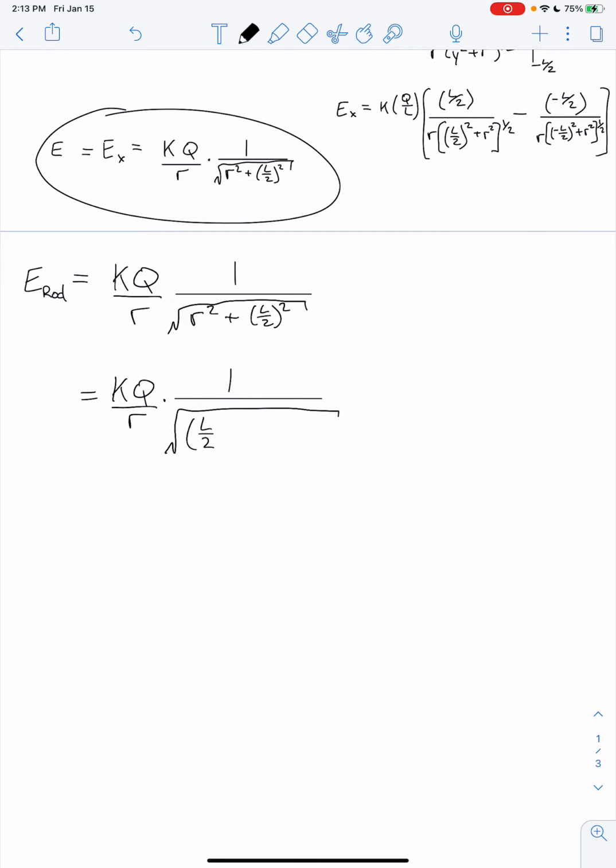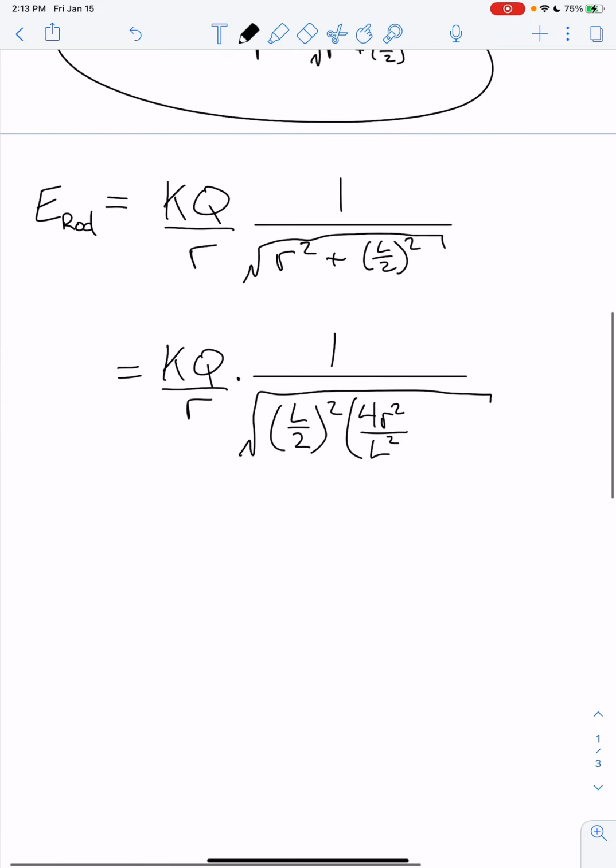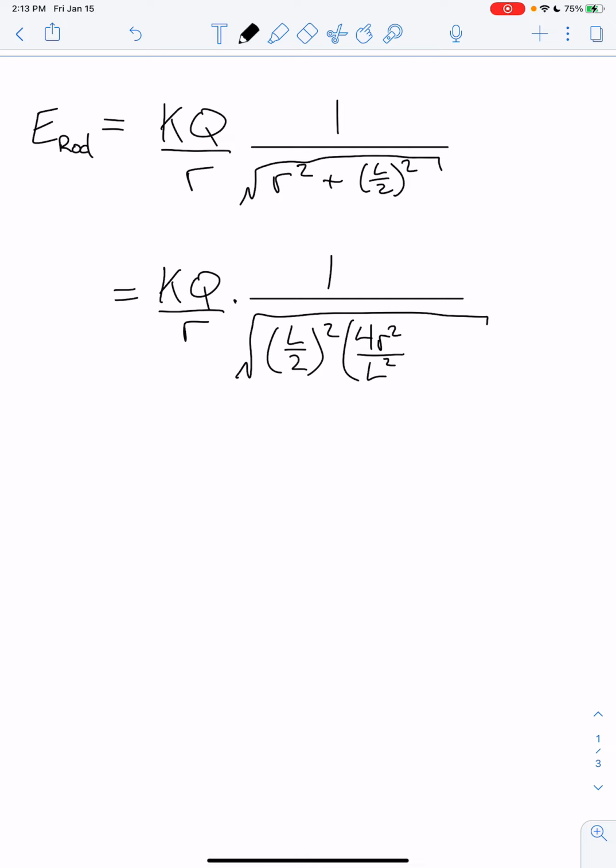We draw out this (L over 2) squared from the rest of it, which means we end up with a 4r squared over L squared term, plus 1, because that's where it originally was. So we pulled that out.